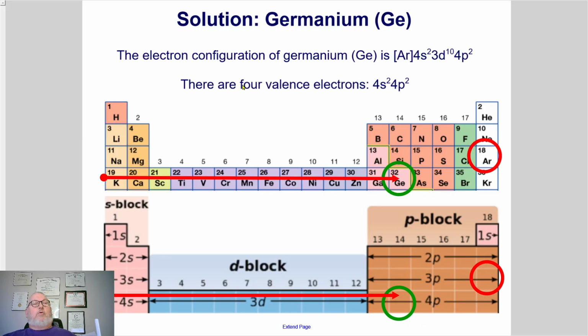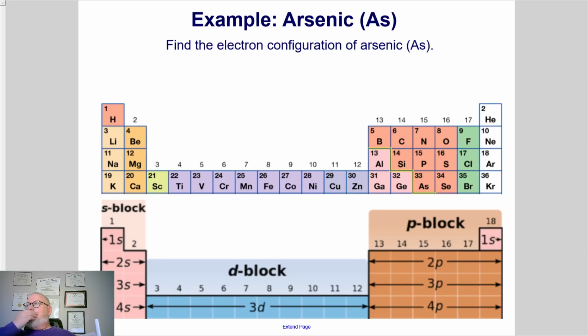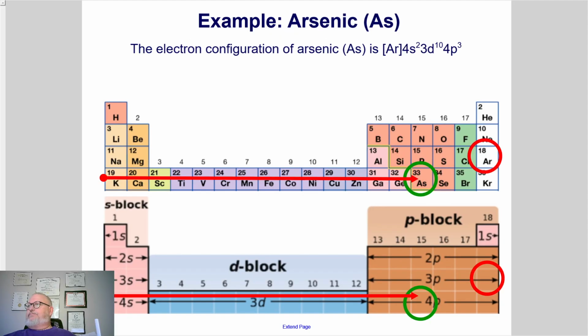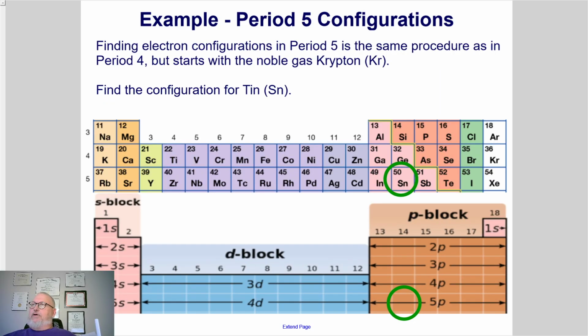Now there are only 4 valence electrons, 4s2 and 4p2. You still have the 3d10 in there, but you've only got 4 valence electrons. Let's look at arsenic: argon, 4s2, 3d10, 4p3. You see a pattern now, right?